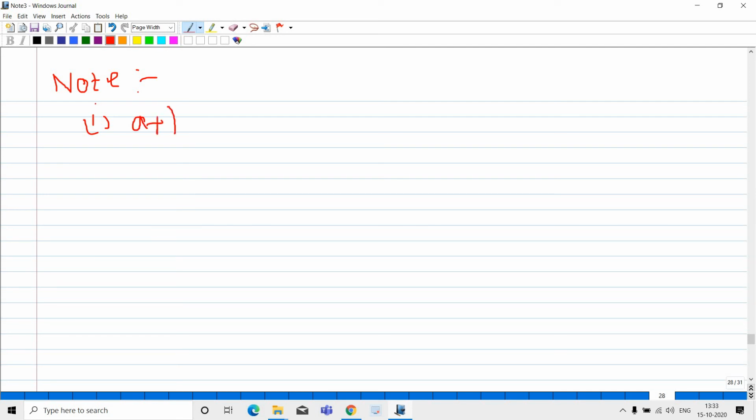A plus B, we can write this as B plus A. Yes or no? For example, I am taking A equal to 5 and B equal to 6. So 5 plus 6 and 6 plus 5.